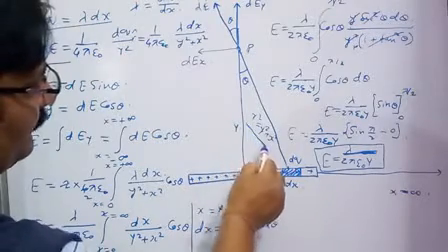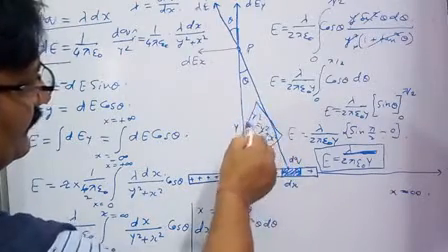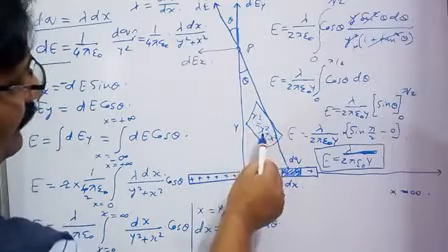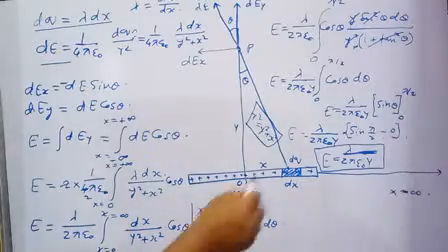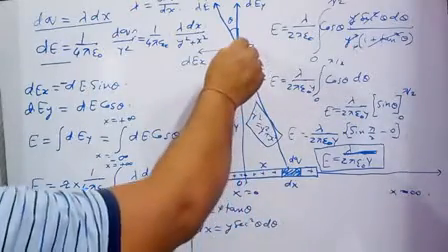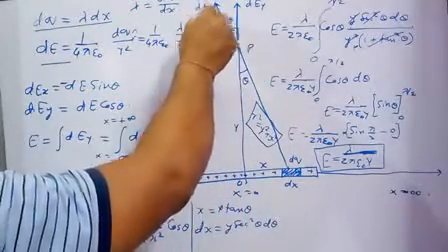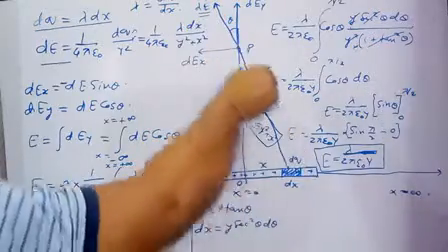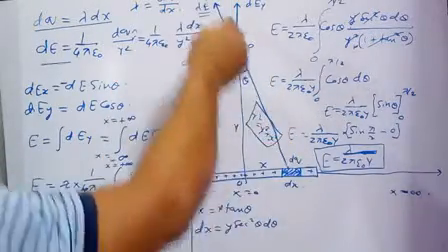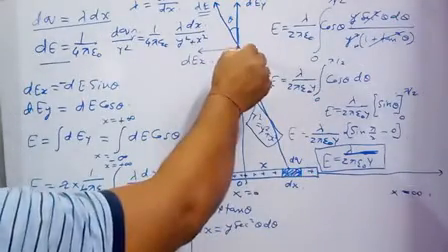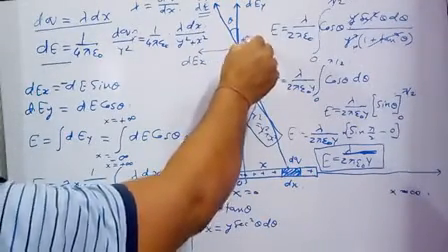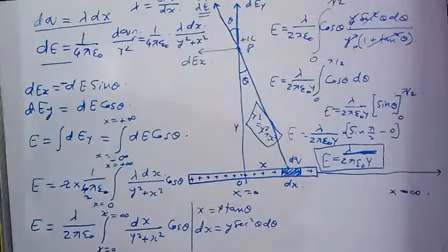That can be obtained by Pythagoras theorem. This distance is suppose r, so r square is equal to y square plus x square. Now the electric field at point P is in the direction of dE. It's a repulsive electric field. The charge on element dx will repel the test charge placed at point P, that is a unit positive charge.